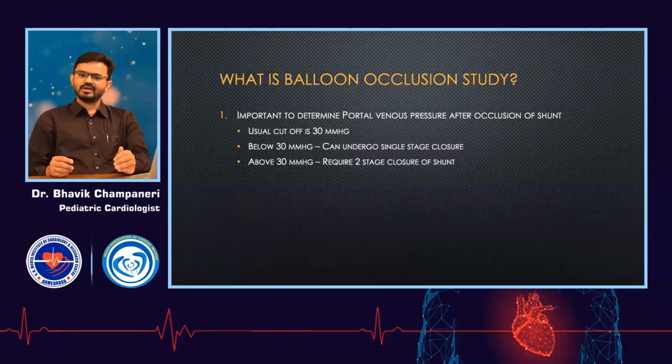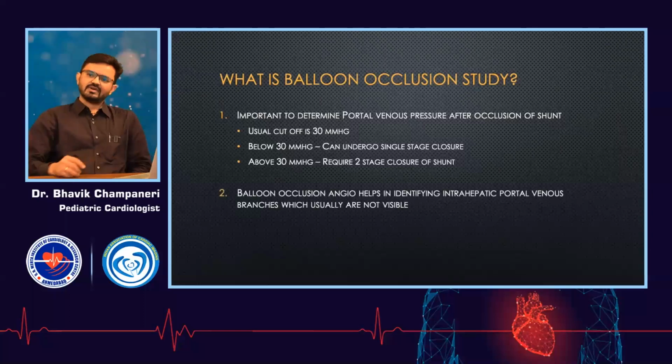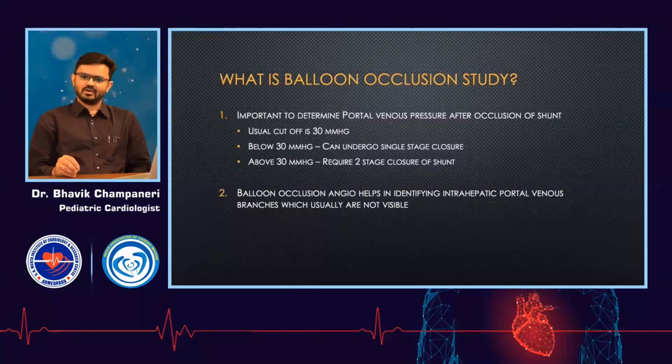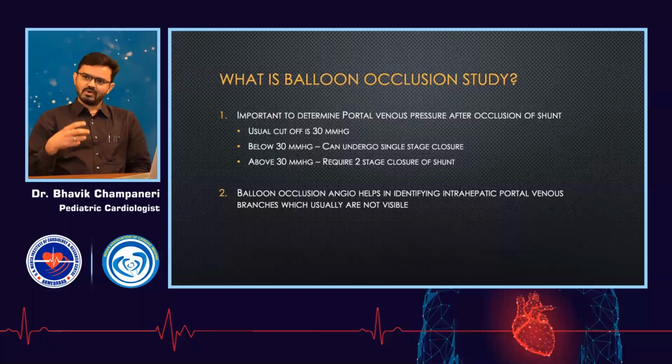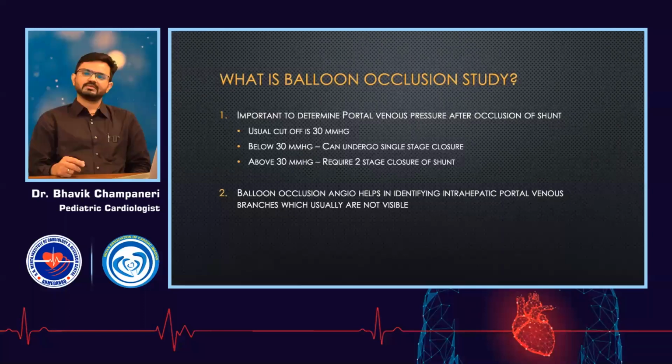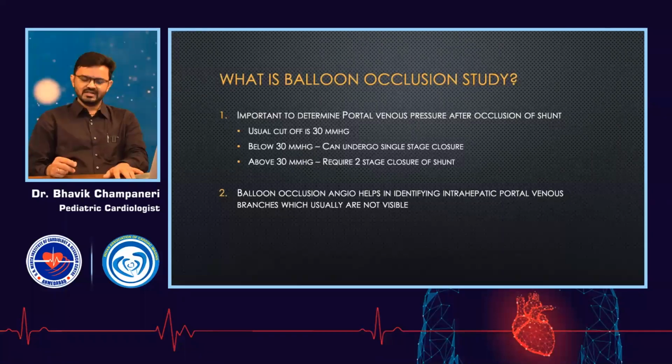First, you just reduce the size of that shunt, and after 6 months or 1 year, you can close the shunt completely. Another question which is answered by balloon occlusion is whether there are intrahepatic portal branches or not. So once you balloon occlude and do the angio of that shunt, intrahepatic portal branches which are not visible in baseline angio of the shunt will be visible after balloon occlusion, and that gives extra confidence in doing intervention.